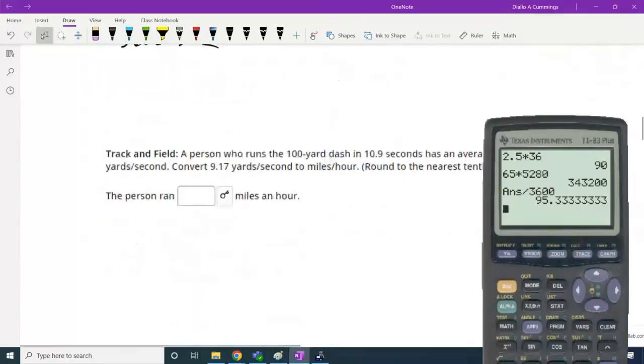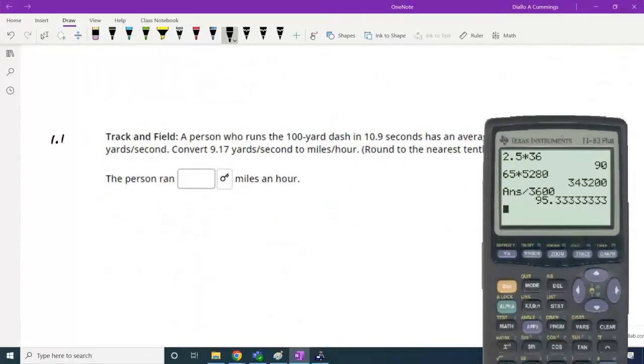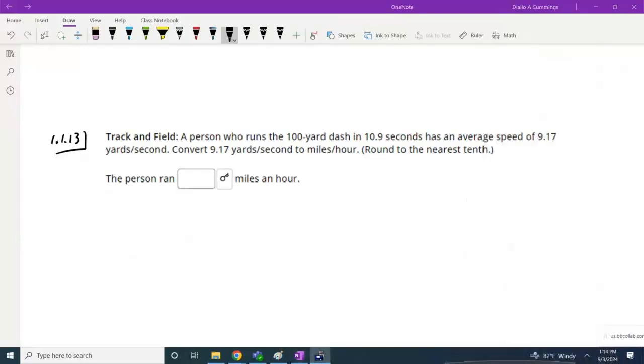Also, number 13 was similar. This is number 13 from section 1.1. It's a track and field application. A person who runs a 100-yard dash in 10.9 seconds has an average speed of 9.17 yards per second.